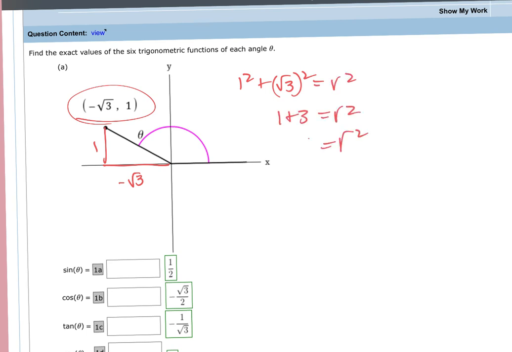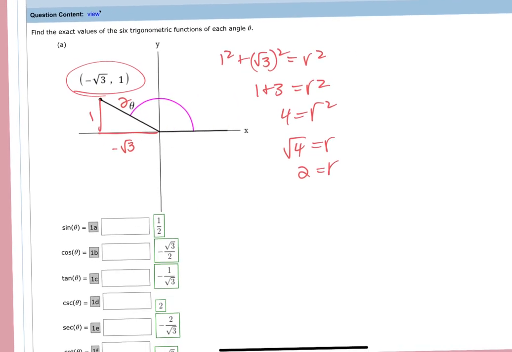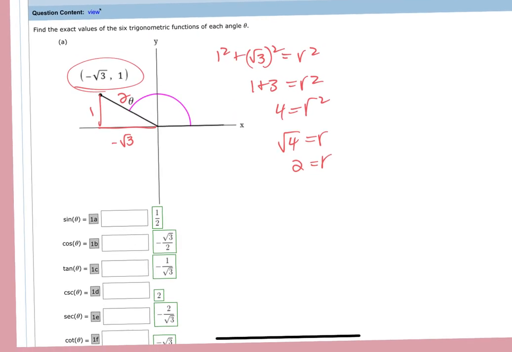R squared is 4, R equals the square root of 4, which is 2. And then you would fill in your sine, cosine, tangent the way we're used to. So the homework is a blend of the new stuff using the unit circle and also the stuff that you've already done. The difference is, is it a special angle, or is it giving you a triangle to set up, use the Pythagorean theorem, do SOH CAH TOA. Just realize those are blended in together.